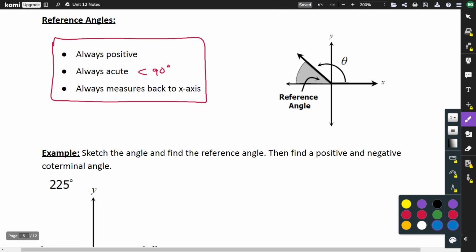So in this little sketch here, if this is my angle that was sketched, the reference angle is not actually the measurement between my initial and terminal side. It's measuring my terminal side where it lands back to the nearest x-axis, right? This angle right here, I'll just call it x, would be my reference angle. It's acute, it would be positive. We're measuring the terminal side back to the x-axis.